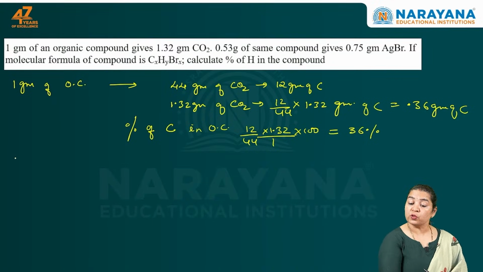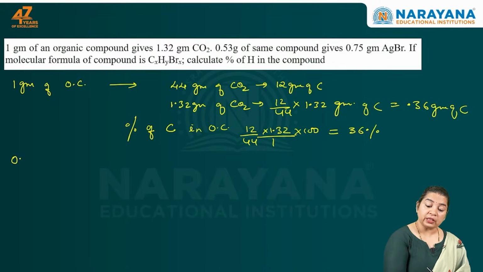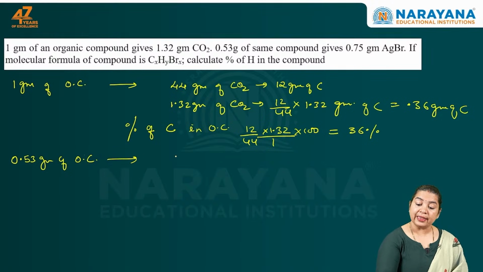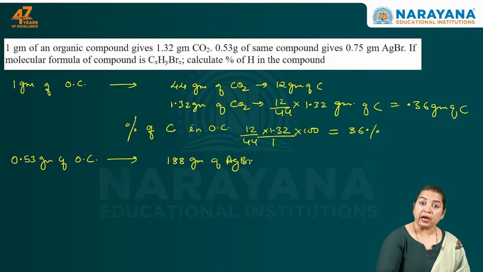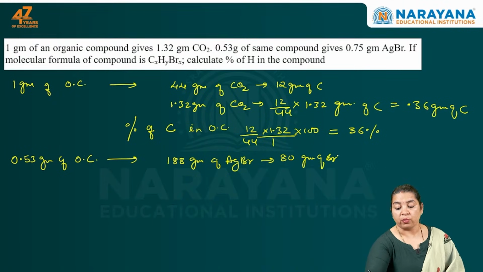Now, let us move to bromine. For bromine, the data is 0.53 gram of organic compound, in which 0.75 grams of AgBr is obtained. So, let us calculate bromine in it. If it was 188 grams of AgBr, then 80 grams of bromine was there.